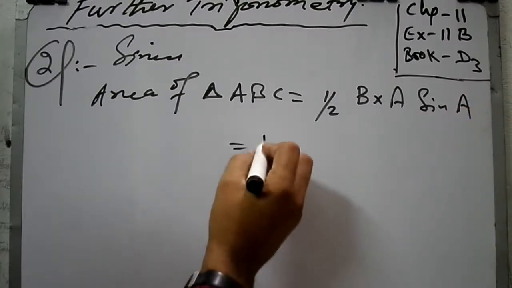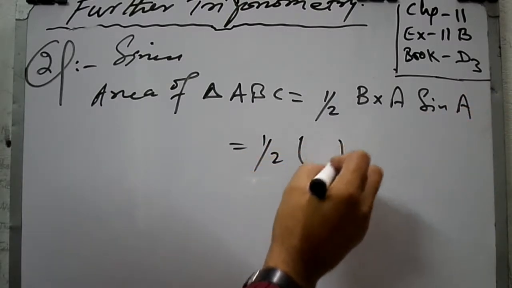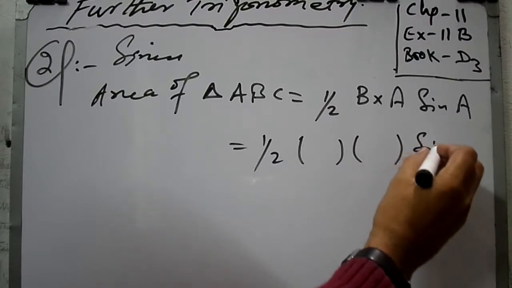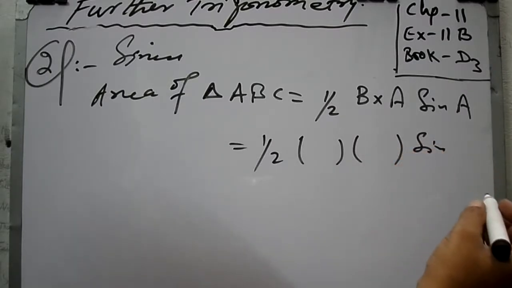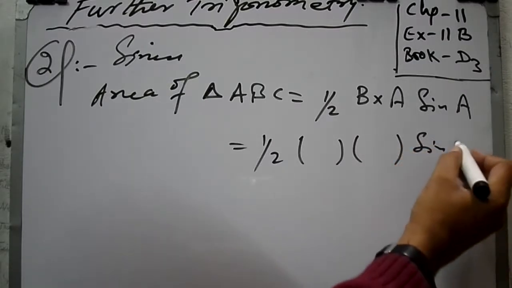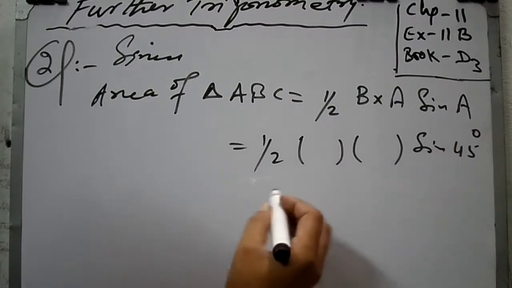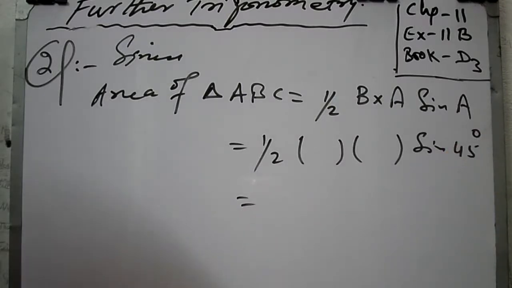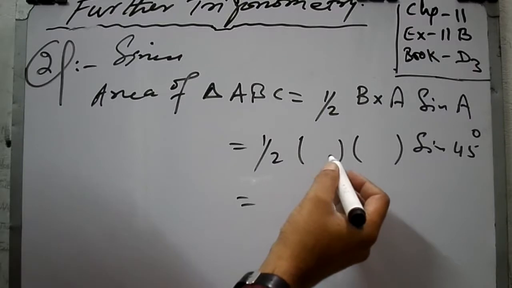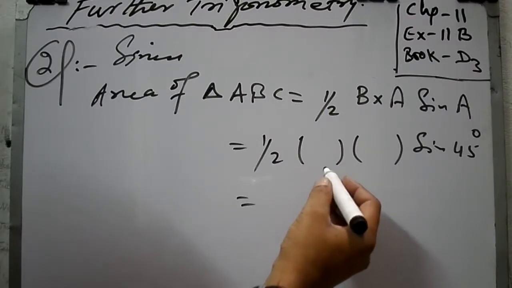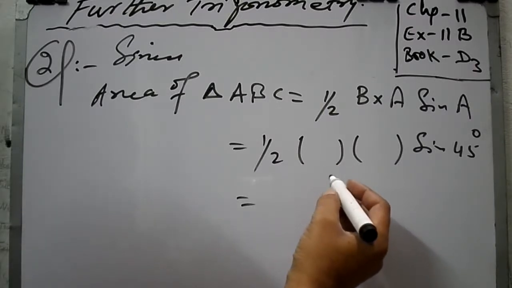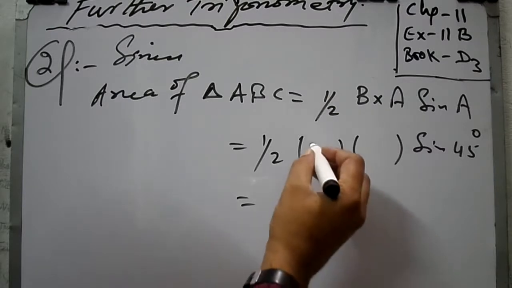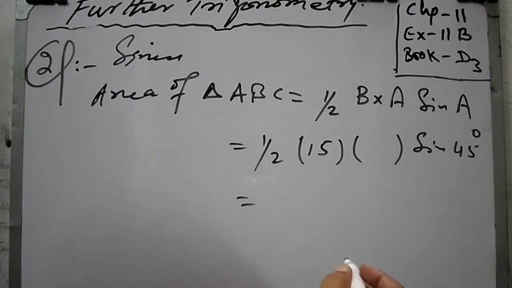So putting the values, the sine is 45 degree, and the value of b is given to you, that is 15, and the value of c is 22.